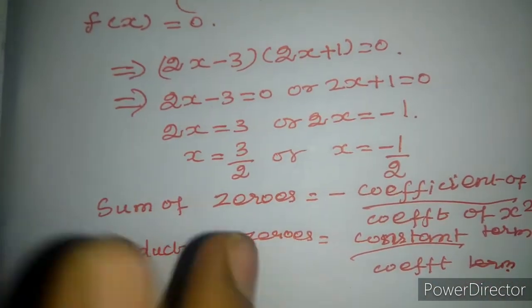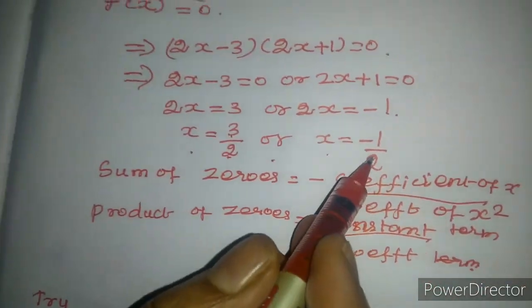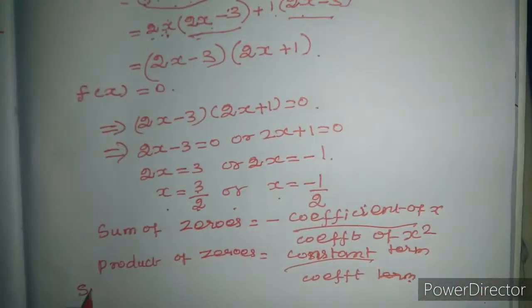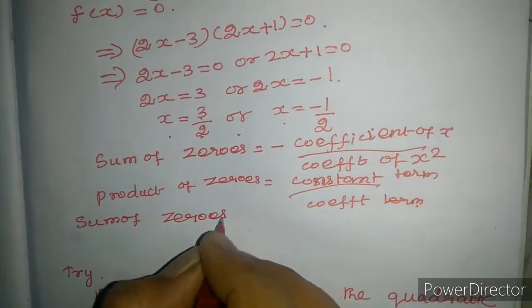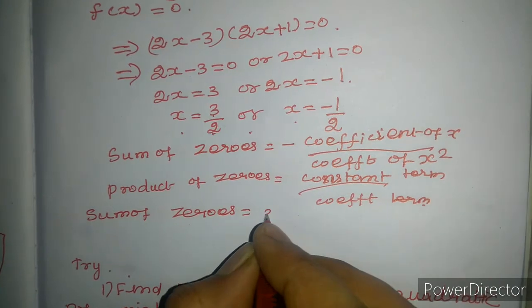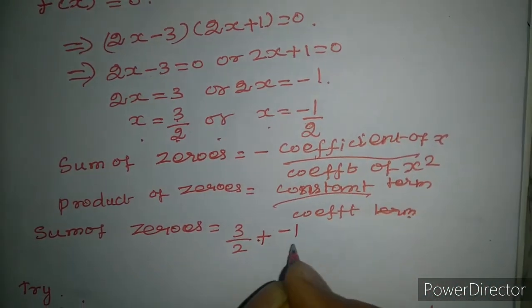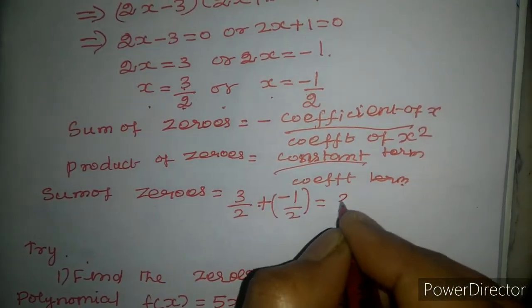Now sum of zeros equal to, what are the zeros? We found that x equal to 3 by 2 or x equal to minus 1 by 2. Therefore sum of zeros equal to 3 by 2 plus minus 1 by 2. So that is equal to 3 by 2 minus 1 by 2, that is 2 by 2.